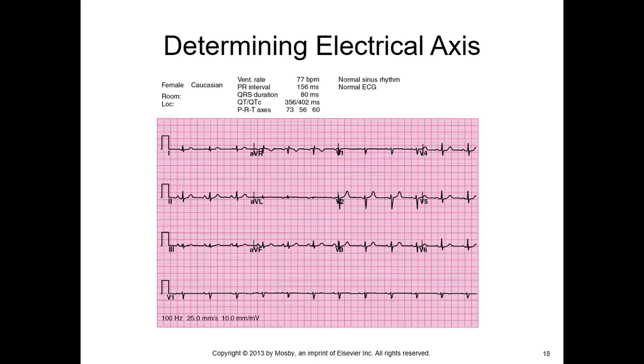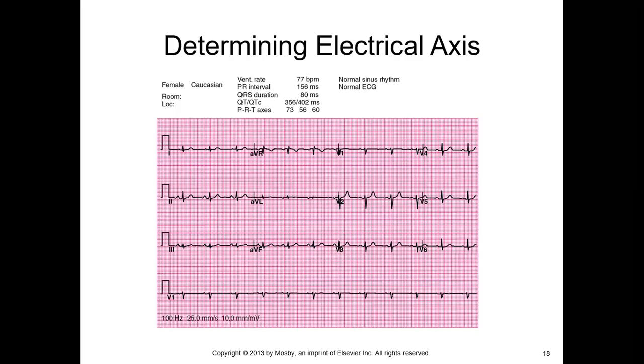Now we know that the patient's QRS axis is moving along the same vector as lead 2. Note the values associated with lead 2, right? In the axial reference system diagram, it's at 120 degrees or negative 60.